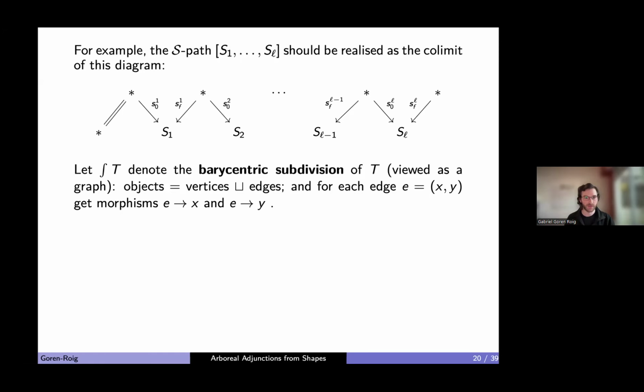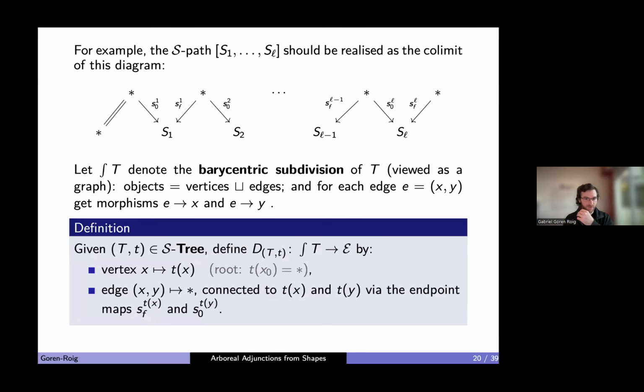Two morphisms out of it. So that gives us the shape of the diagram, and then we have to define a functor out of that shape, and that gives us this diagram D of an S tree T, which does what is seen here on the picture.